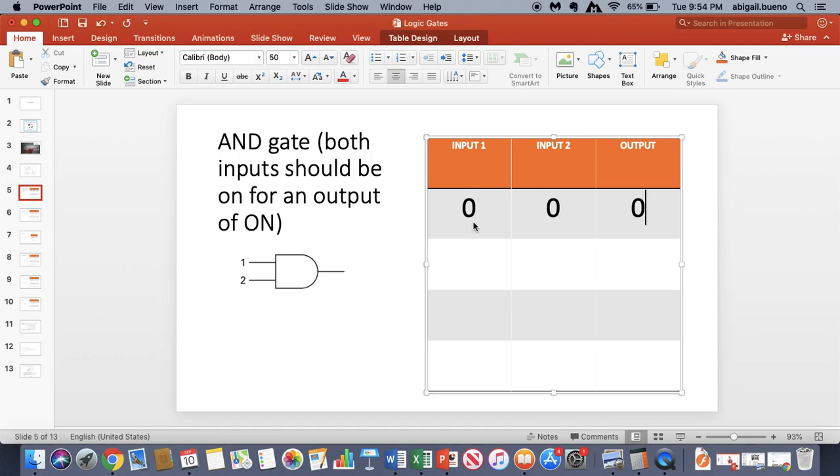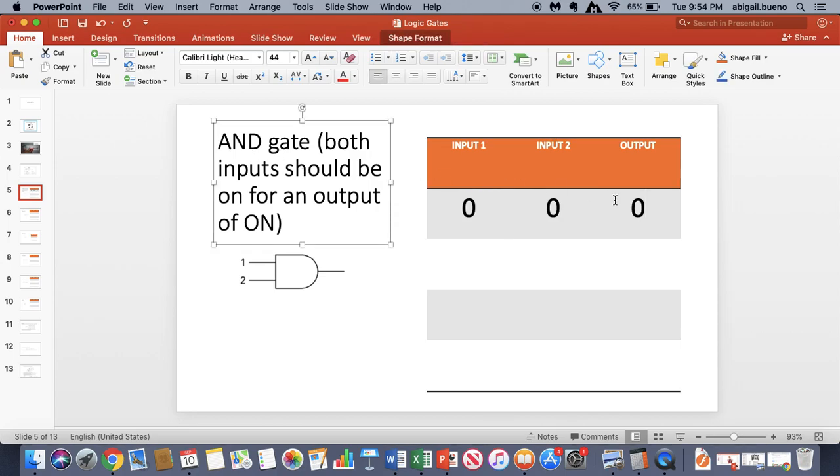Or 0 means off, 1 means on. So for an AND gate, it will only have an output of 1 if both inputs are on. It makes sense because the word is from the word "and" in the English language. When we use "and," it means both.